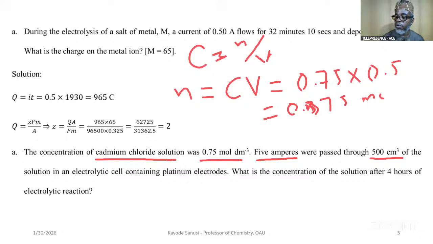0.375 mole. So what is the concentration of the solution after 4 hours of electrolytic reaction?